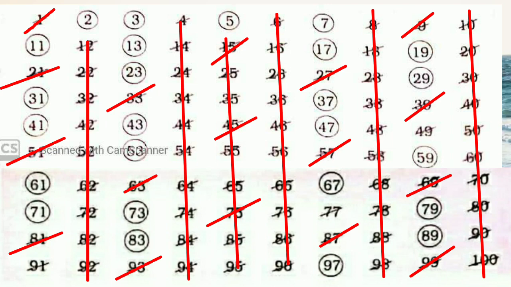Hence these all are composite numbers. Apart from 1 and the number itself, they have one more factor, which is 7. So they are composite numbers, with more than 2 factors. So I'll remove these composite numbers. Some of these numbers have already been removed; I'll remove the remaining numbers.